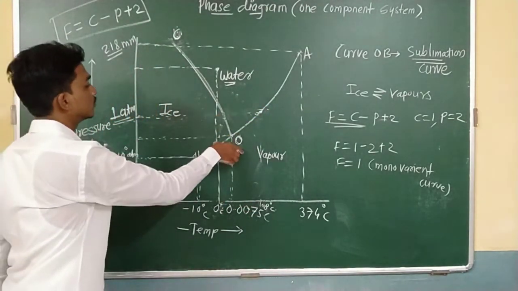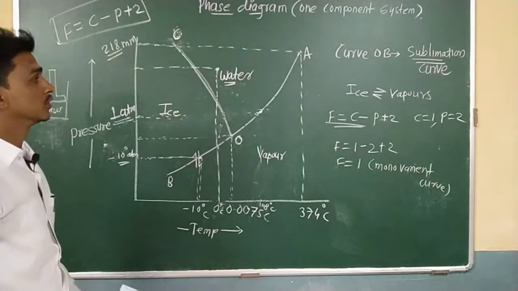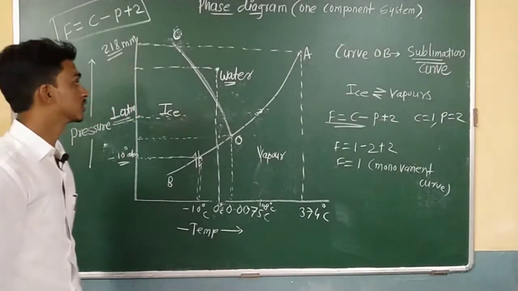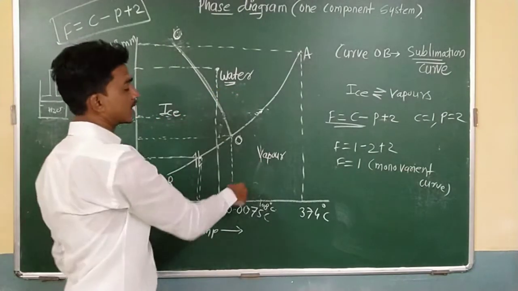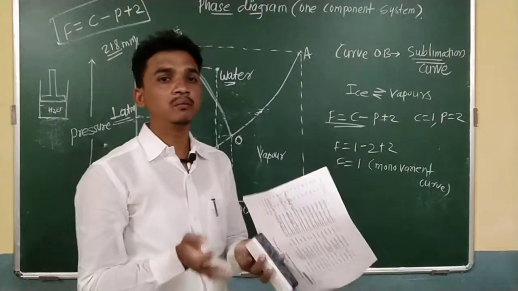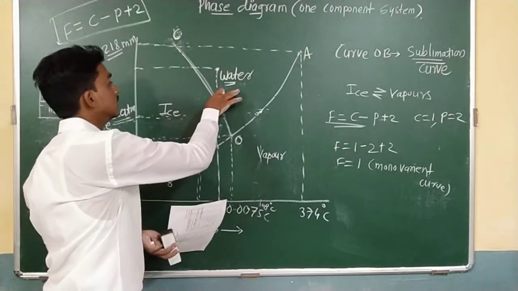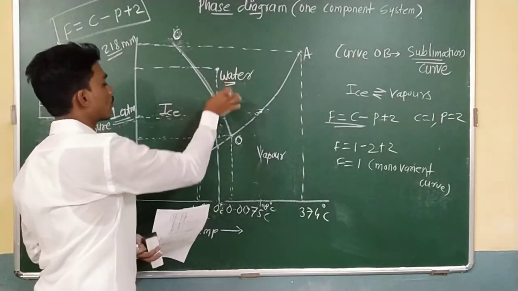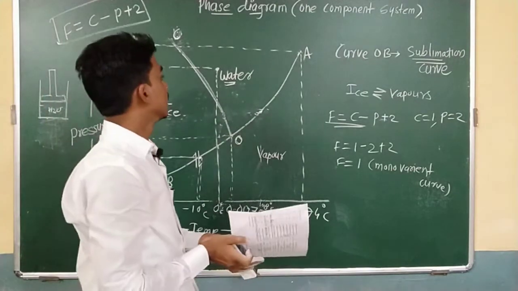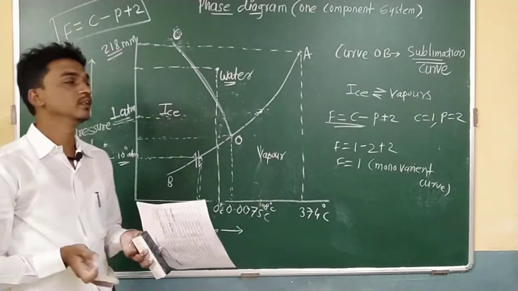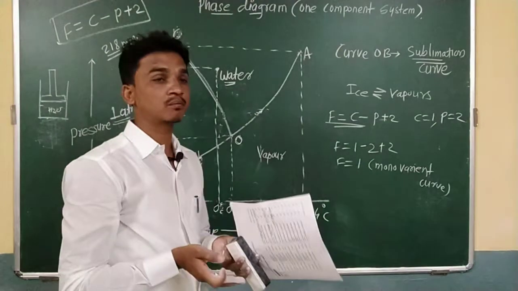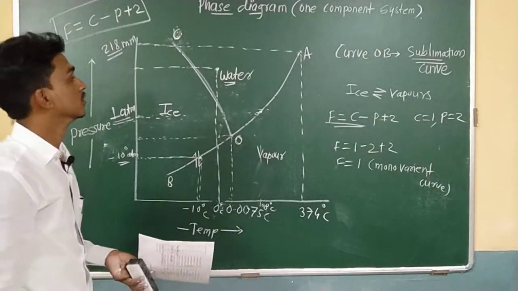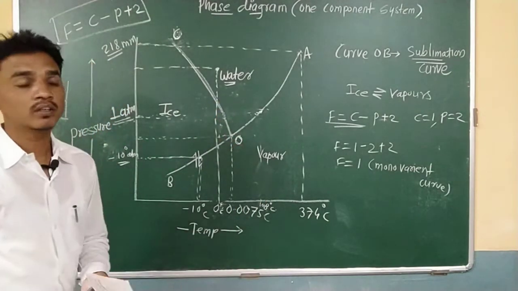This is very important information for the physical conversion of ice, water and any other chemical compounds. The physical properties change by changing the temperature and pressure, and this information we get from the phase diagram.